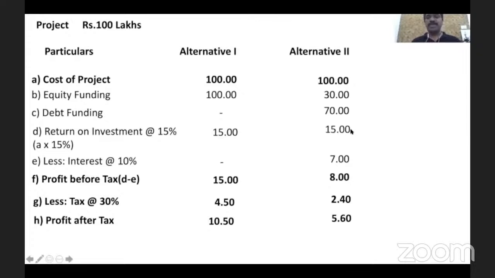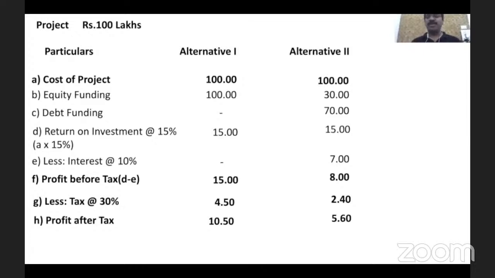It means when my business has made a profit of 15 lakhs, and I pay interest of 7 lakhs, I can claim this interest as an expense. I can tell my tax authorities my profit is not 15 lakhs, I have paid interest of 7 lakhs, so my profit is only a net of 8 lakhs, and only on that 8 lakhs will tax be levied.